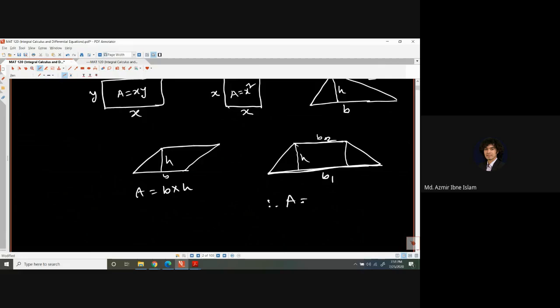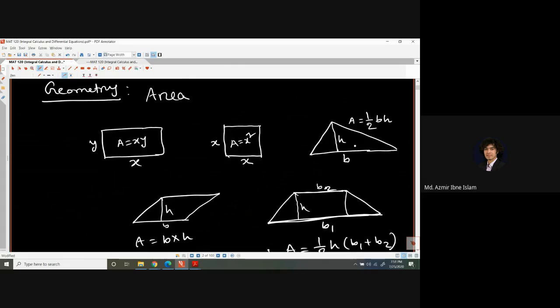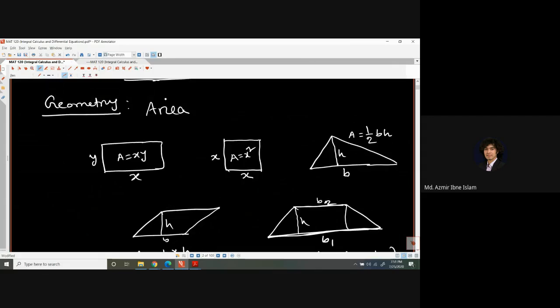So the area can be found by this formula, that is 1 over 2 a times b1 plus b2. That means you don't need to memorize all these things. We are just recalling whatever we have learned from our geometry. These are the common shapes. If we have polygons, just like rectangle, square, triangle, or other polygons, we can easily find the area.